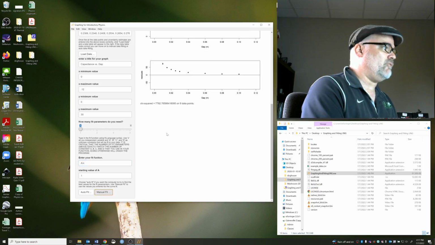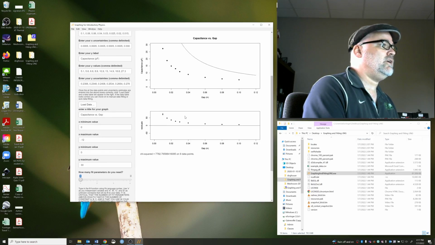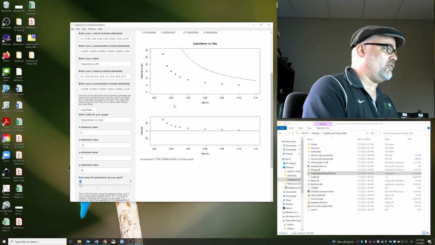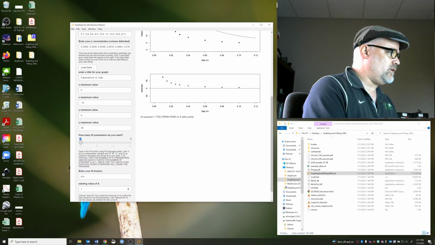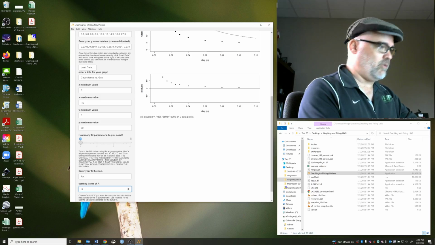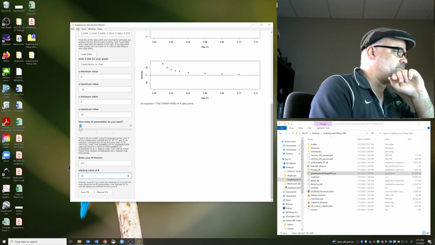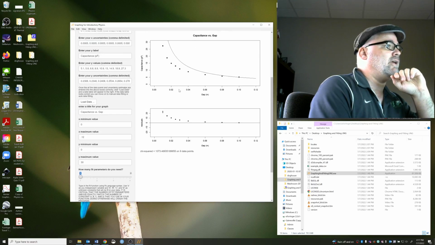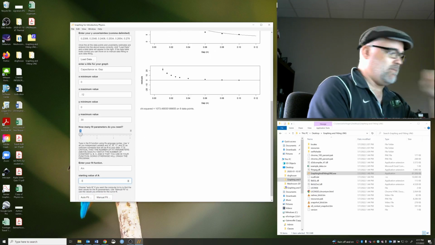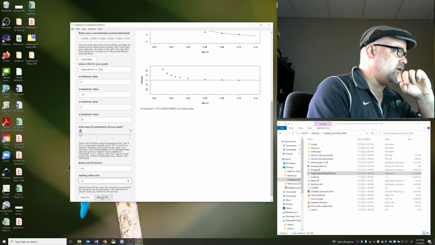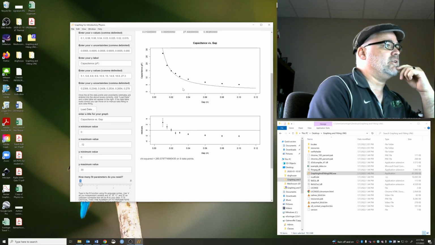If I do a manual fit with a starting value of 1, what you can see is that it's a terrible fit. And I could do this manually. I say, okay, well, what if I used 0.5? And I do a manual fit, and that got closer. And maybe I want to try 0.3, okay, and that got even closer.